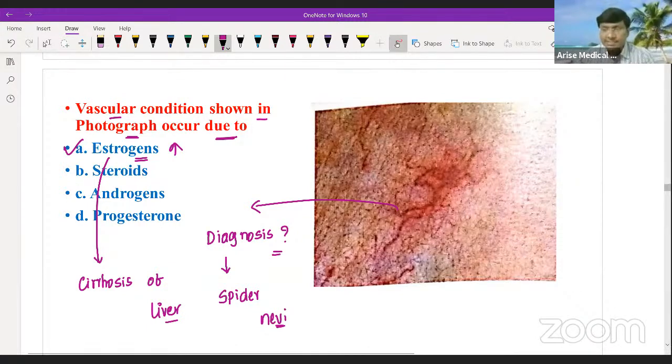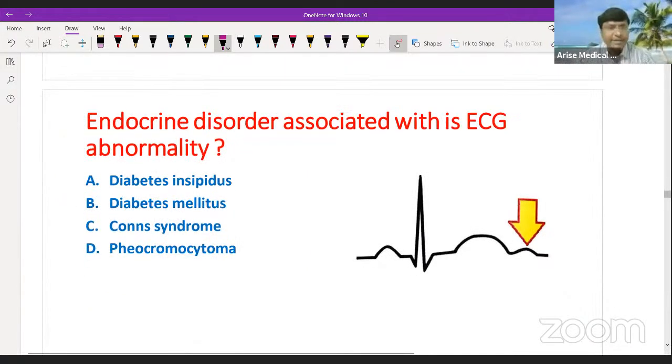So that is the story of spider angiomata seen in cirrhosis of liver. And why? That is because of hyperestrogenemia. Because of the increase in estrogen, you have multiple manifestations in cirrhosis of liver. So there can be gynecomastia in males, and testicular atrophy in males because of hyperestrogenemia.